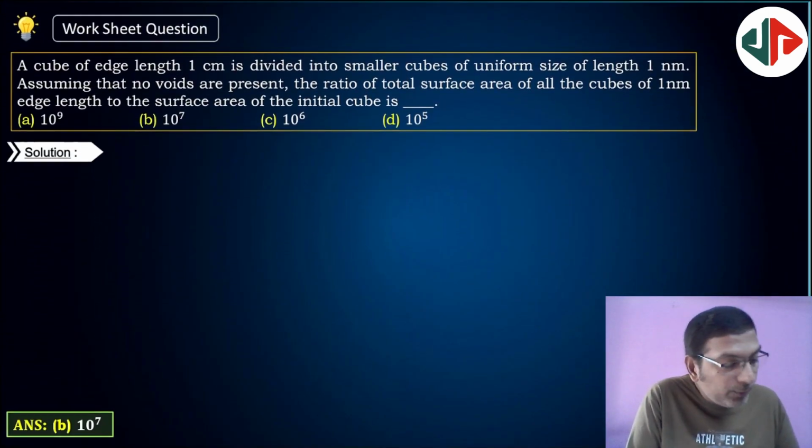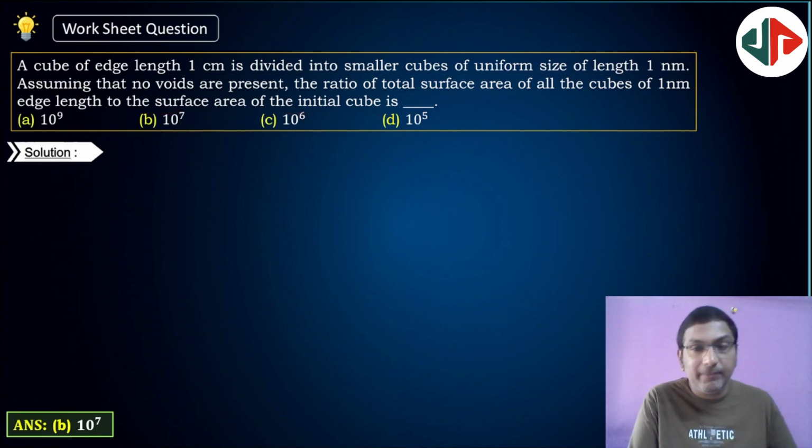A cubic edge length is given 1 centimeter is divided into smaller cubes of uniform size of length 1 nanometer. Assuming that no voids are present, the ratio of total surface area of all cubes of 1 nanometer edge length to surface area of initial cube is.